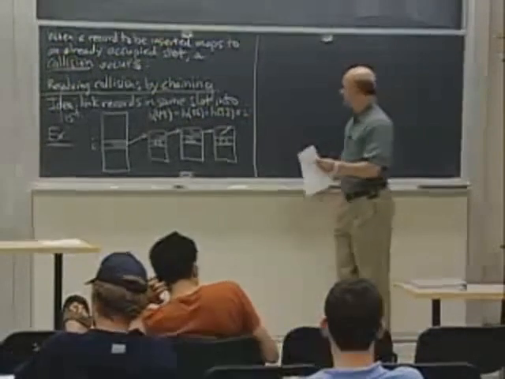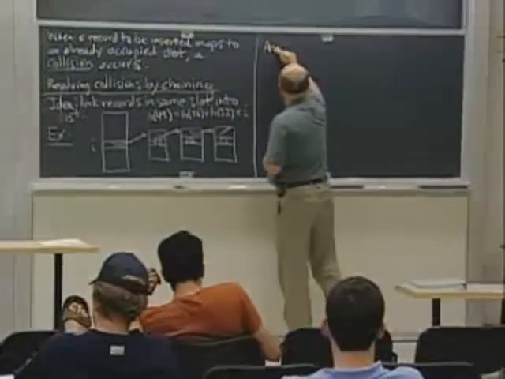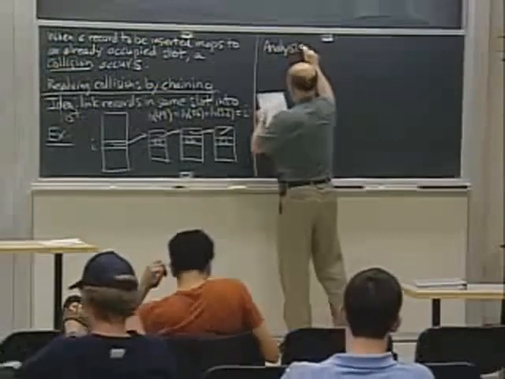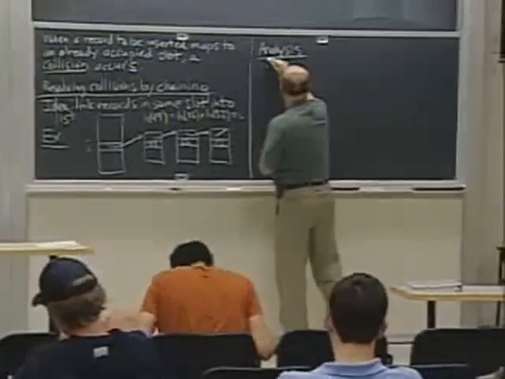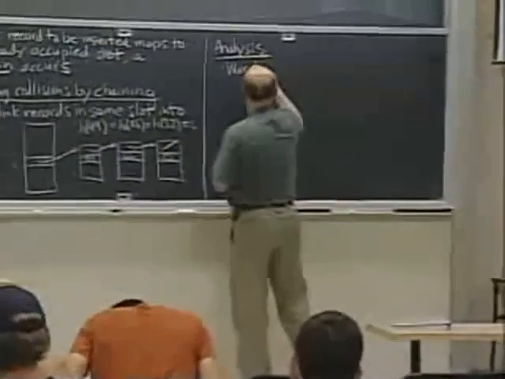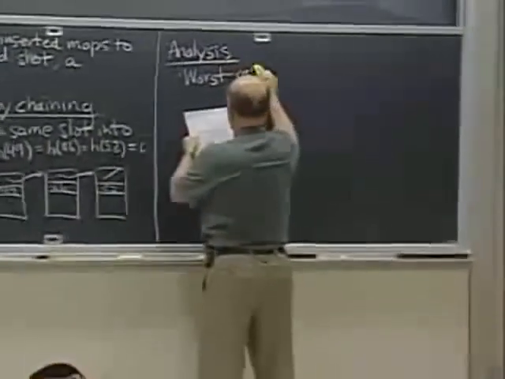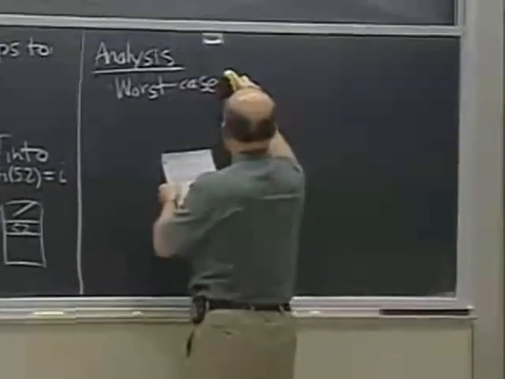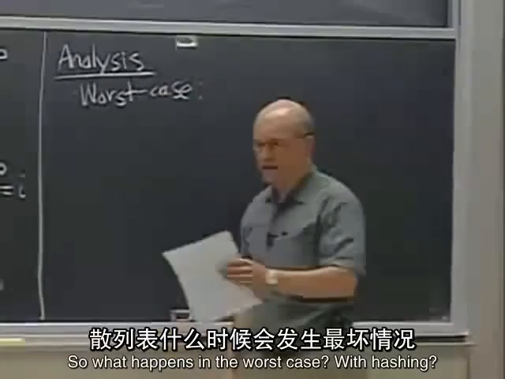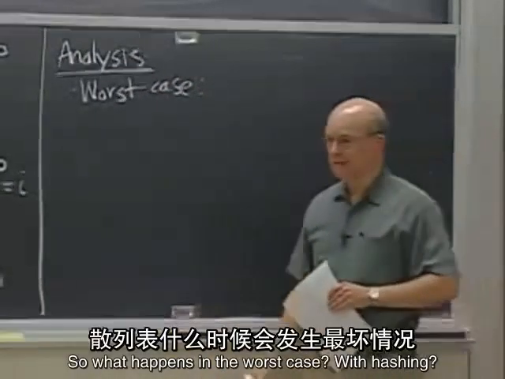this strategy. So the analysis. We'll first do worst case. So what happens in the worst case with hashing?